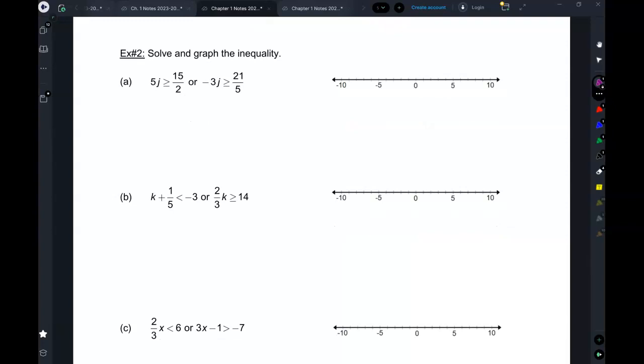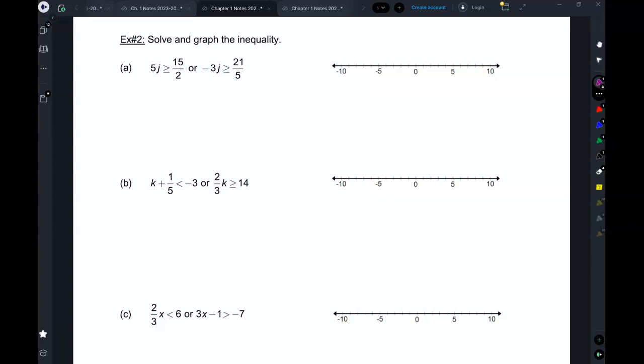The good thing about these is you get two mini inequalities, right? So here we're going to divide by 5. Dividing by 5 is the same as multiplying by 1 over 5. So we get j greater than or equal to, this gives you a 3 over 2. Here, I'm going to divide by -3, which is the same as multiplying by 1 over -3.